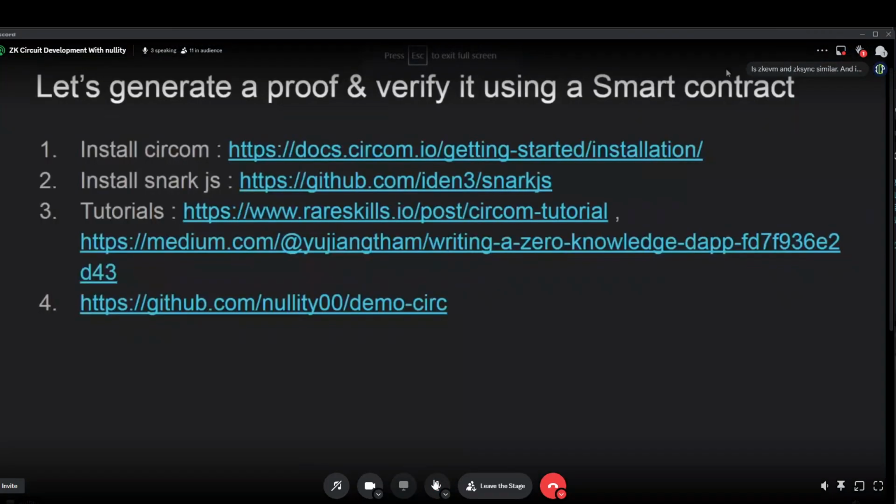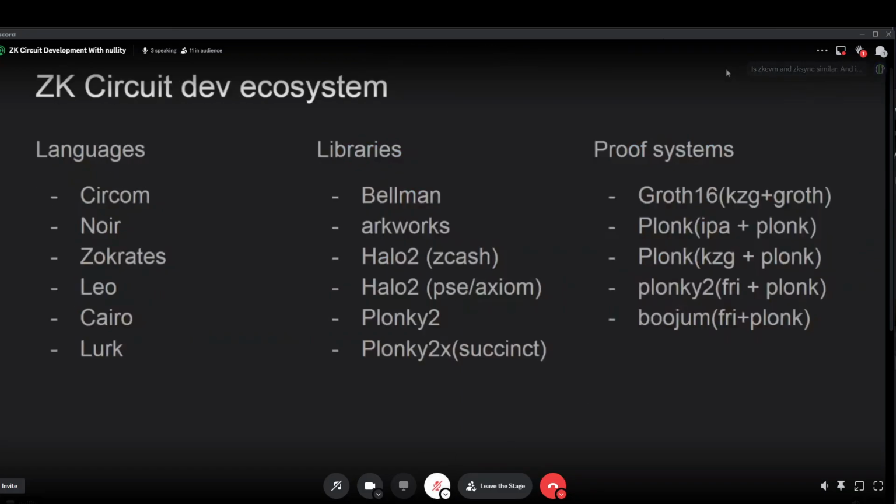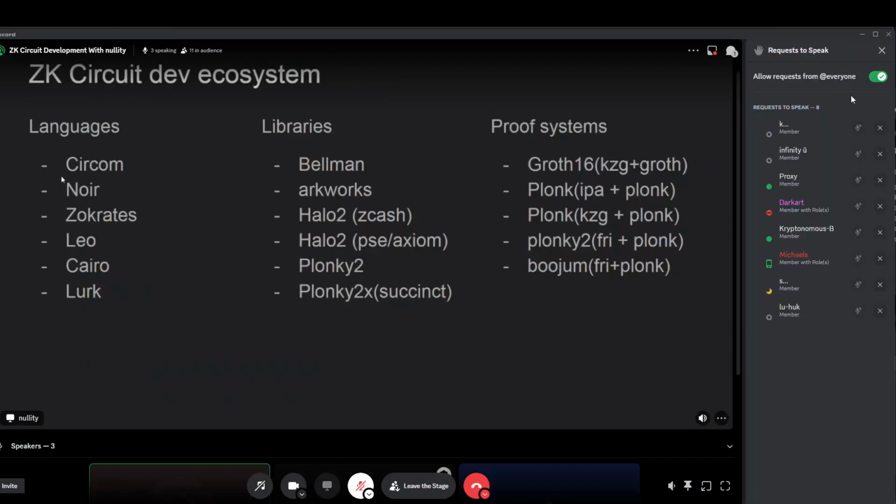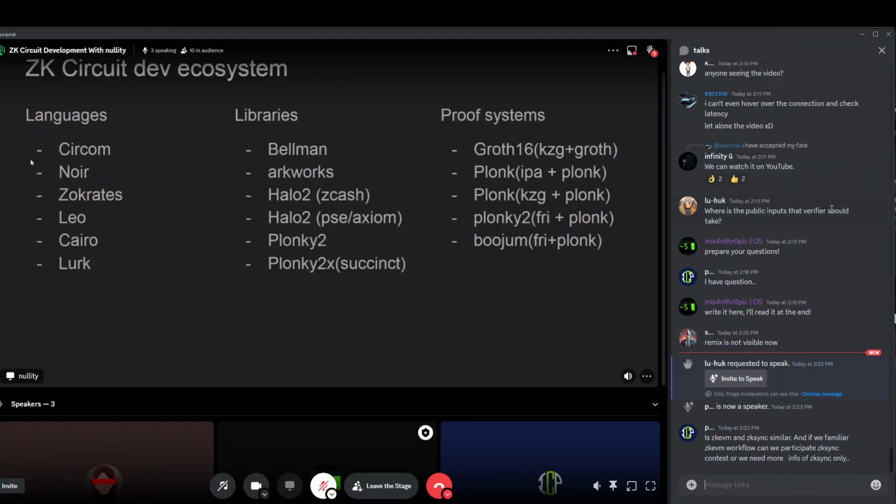That was Circom, a lot of smart contracts, Plonk, and zkSNARKs. And just to move forward, the ZK circuit development ecosystem is evolving, and we have a few languages. We just had a look at Circom. There's Noir, Socrates, Leo, Cairo, Lurk.